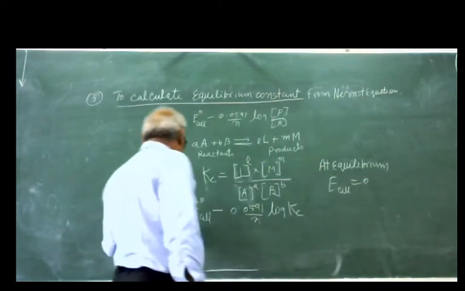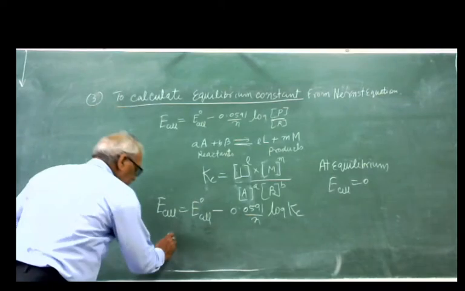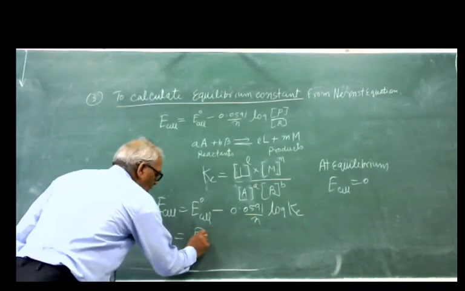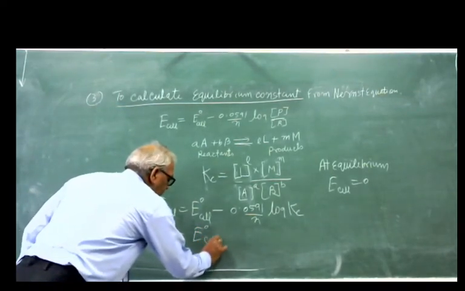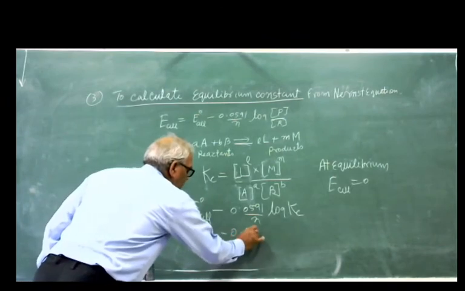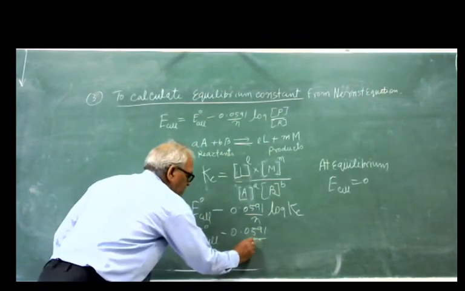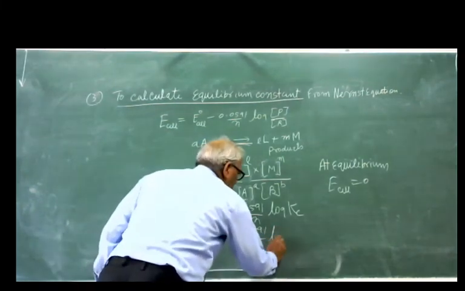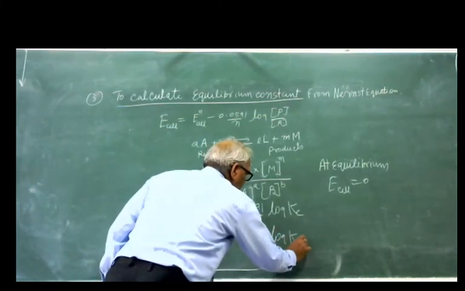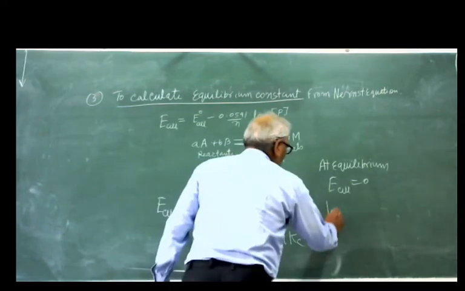So you can put here 0 equal to E0 cell minus 0.0591 upon n log Kc. What is Kc?